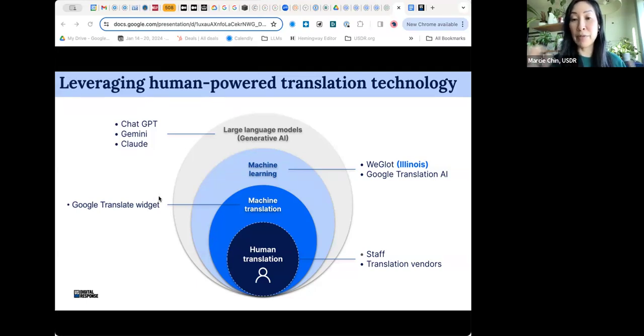And then one level above that, we have machine learning. And I actually wanted to share a really cool example from the state of Illinois and how they are using their machine learning platform called WeGot to help them maintain the translations on their unemployment insurance website.